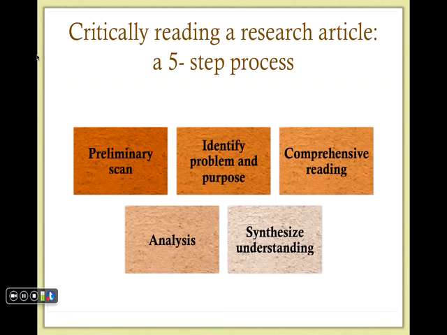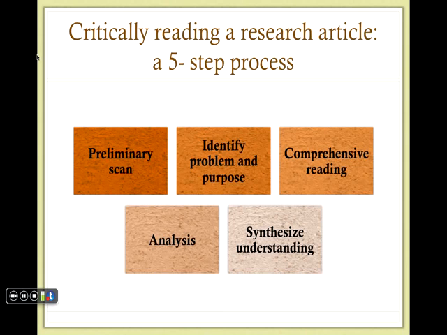When you critically read a research article, there are 5 basic steps that are involved. You want to preliminarily scan the article. Kind of what's the article about? Is it a research article? Is it qualitative or quantitative? And just get a sense of where the authors are going with the article.